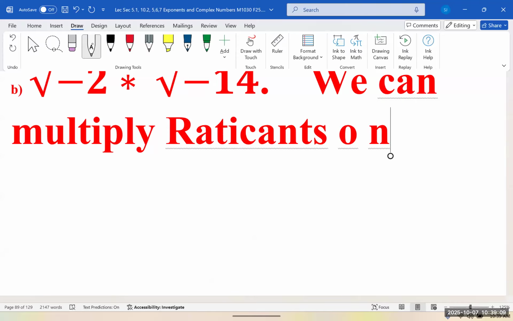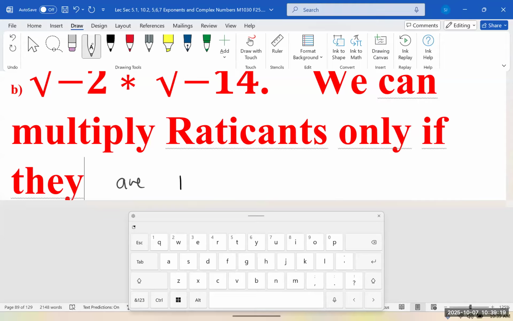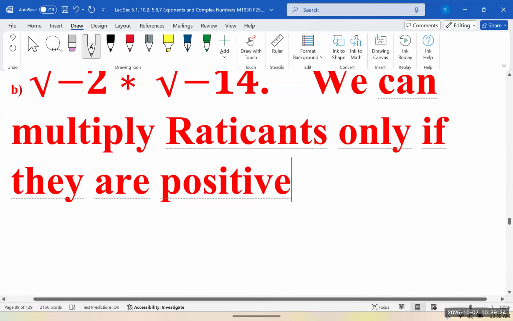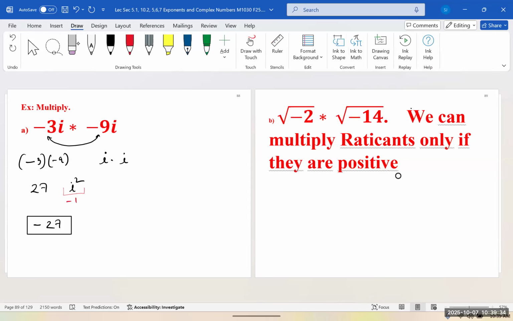Okay, I'm wasting my time. But anyway, let me write them only if they are positive. Okay, so this is what I wanted to write. Now let me go back to our two sides. We can multiply radicands. This should be D, not T. Okay, I'm not in that mode.